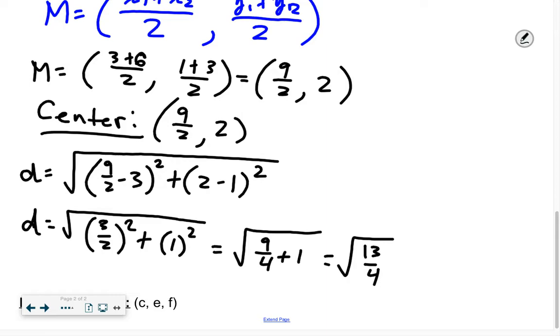Square root of 13/4. Not very nice, right? And that's okay. A lot of these at this level aren't going to be nice whole number integers. Just have faith. If you want to, you can go back and check your arithmetic, but everything should be good there.